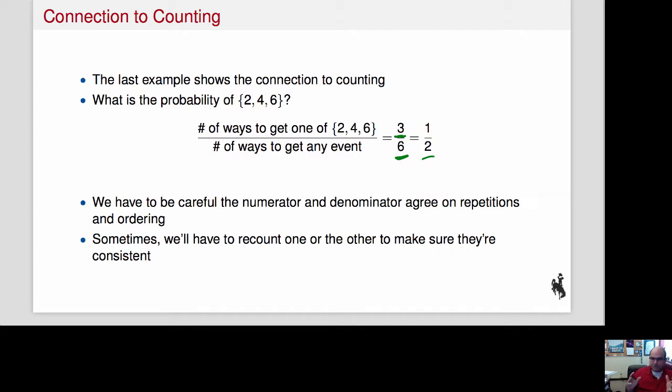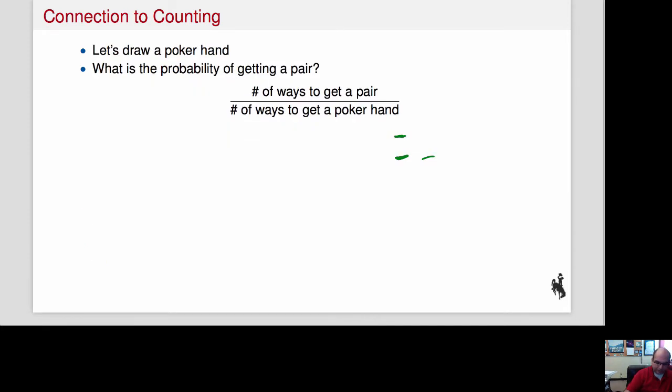Now, every once in a while, we're not going to be able to just do a division like that, so we might have to break the fraction into different parts. You may have to decide, oh, let's not count the orderings, that's not important, and just reconsider the way you do the count so that it's all equally likely.